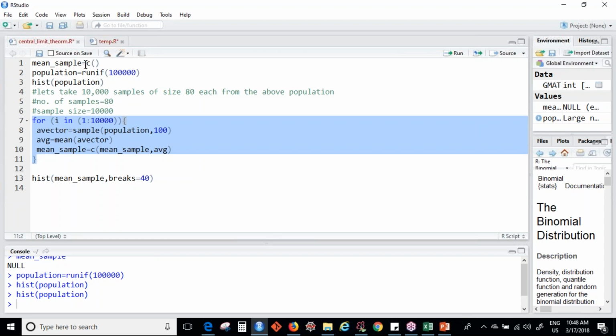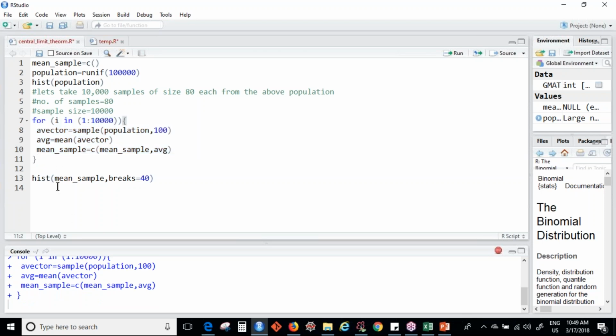Each value will be the average of a sample, and each sample size is 100. It might take a while because the loop will run 10,000 times. So it is still running.